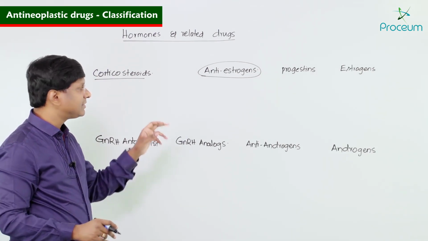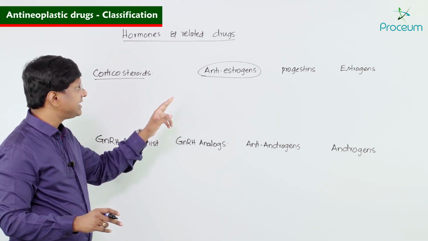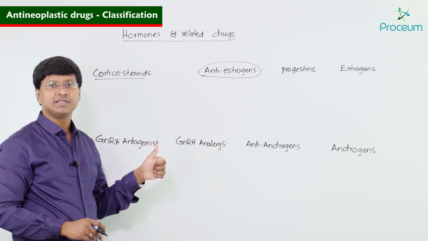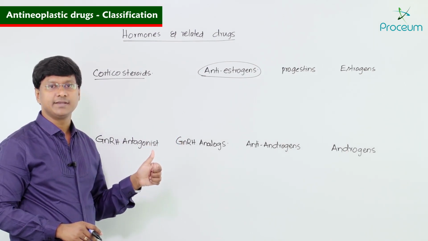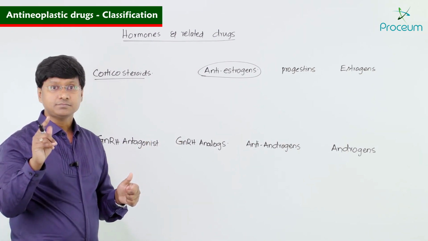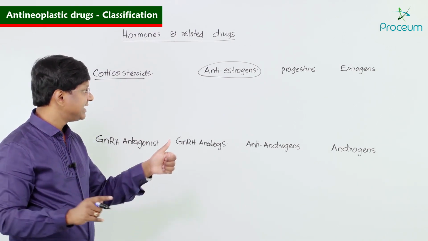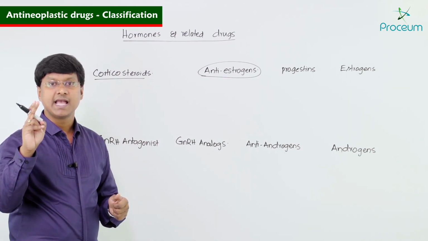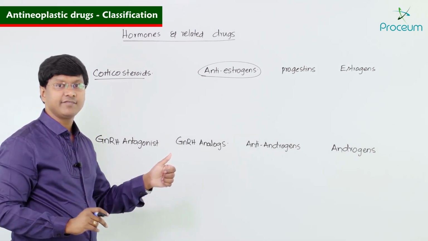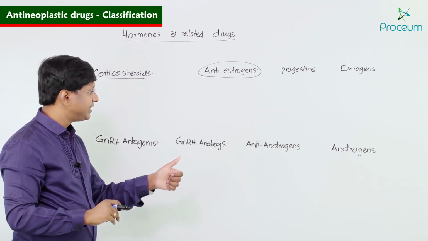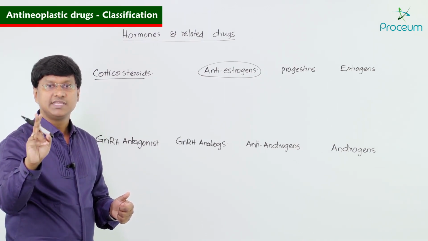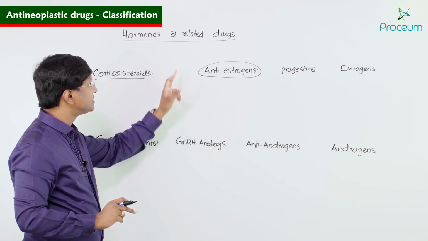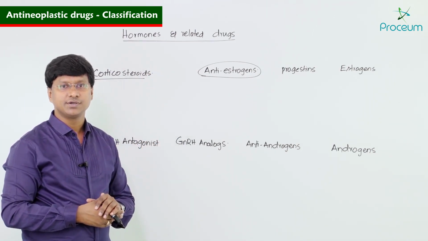Next, apart from SERMs, the other anti-estrogen drugs include aromatase inhibitors. The aromatase inhibitors include aminoglutethimide, formestane, exemestane, anastrozole, vorozole, and letrozole. So these are your aromatase inhibitors which are anti-estrogens acting as antineoplastic drugs.